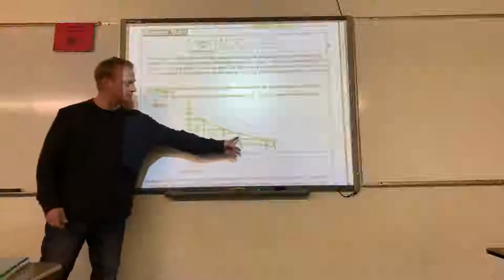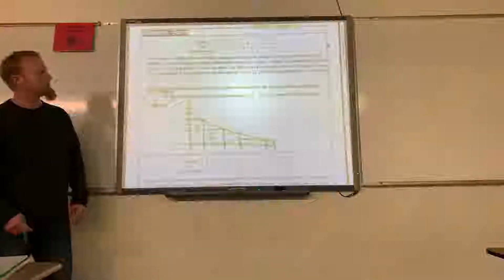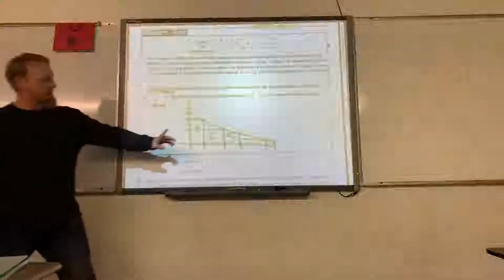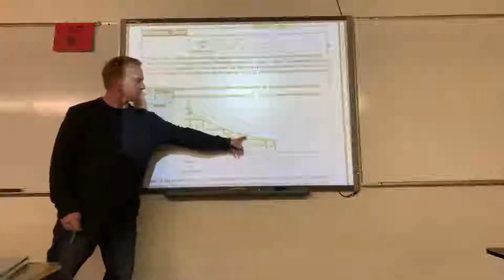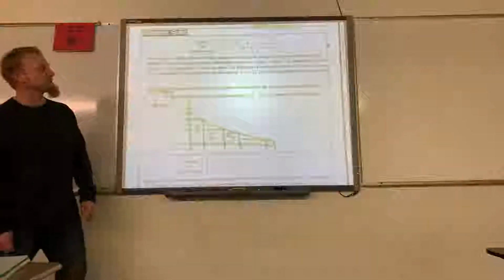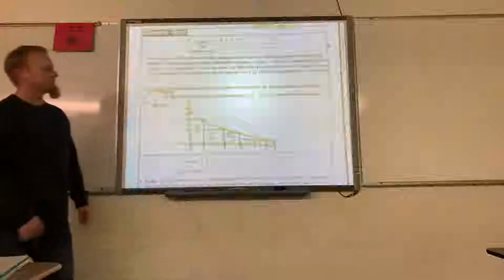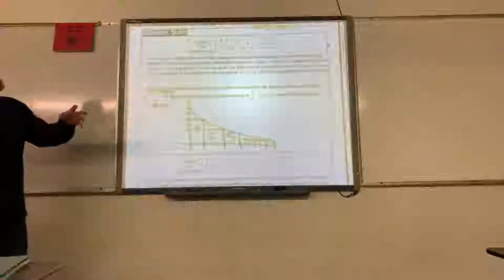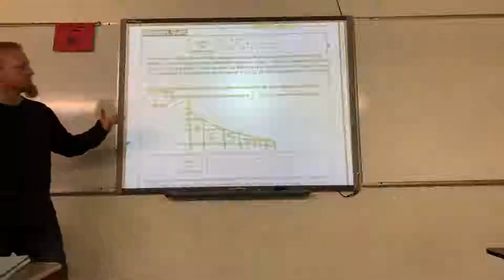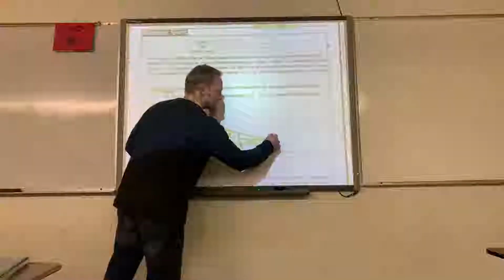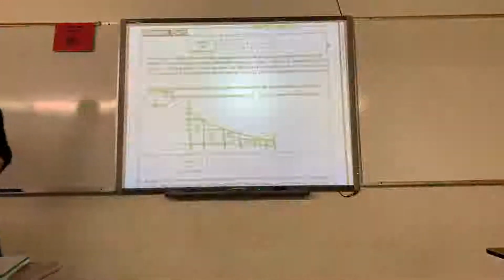The next one is 2, and how tall? 1.2, so 2 and 1.2, 2.4. And then the next one, 1, 2, 3, 4, and how tall? 0.6, so that's going to be 2.4. And the last one is 1 and 0.5, so this one's going to be 0.5. So I found the area of all of my rectangles.